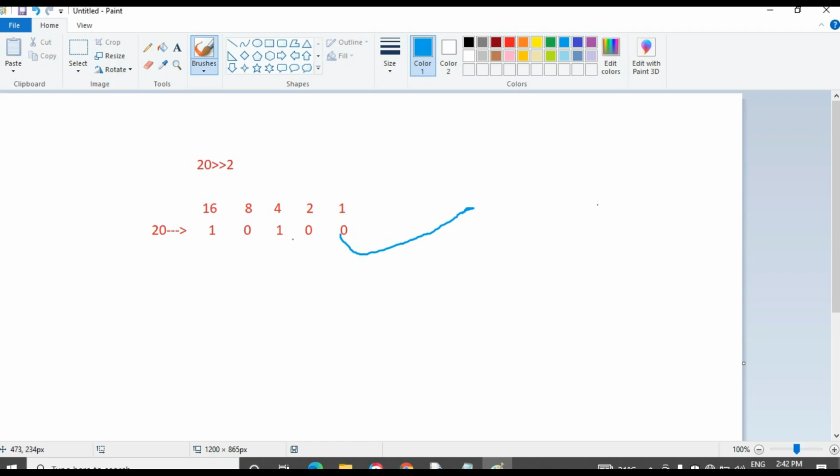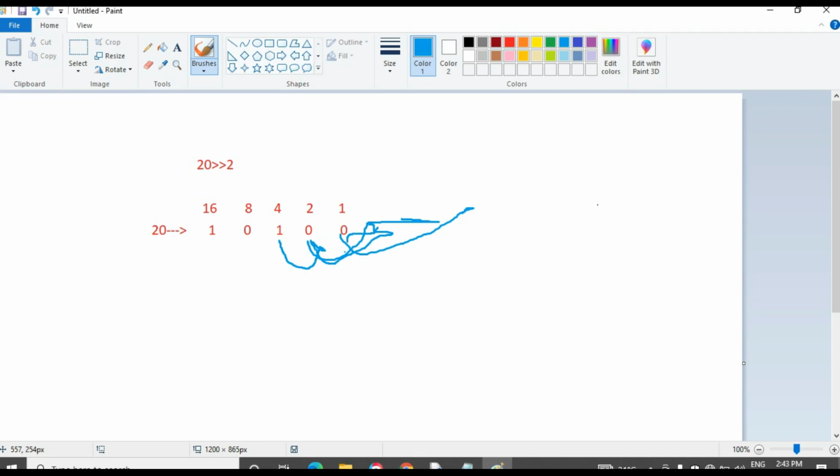This 0 will be shifted to the right side by the second position, and this 0 will also be shifted to the right side by the second position. This is the first position, and this next one is the second position. So the 0 will be moved there, and this 1 will be moved.